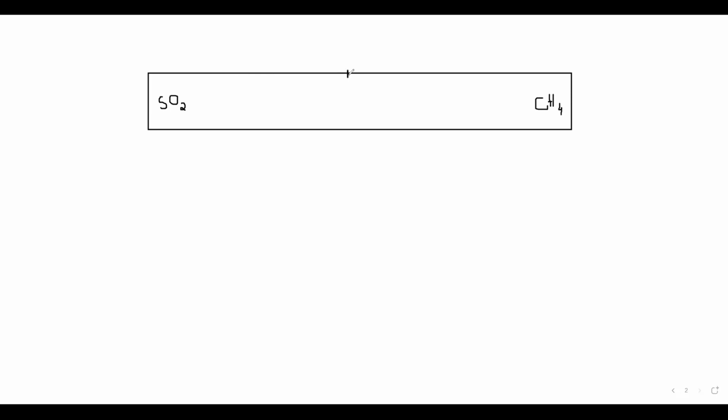Say point B is exactly at the center, the midpoint. I will mention the mass for each element. Sulfur is 32, oxygen is 16, carbon is 12, and hydrogen is 1.